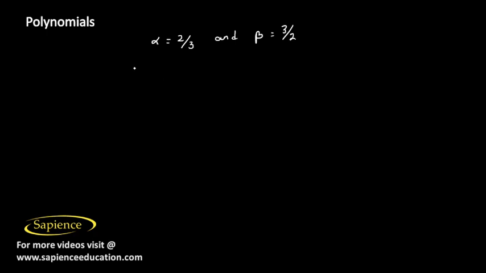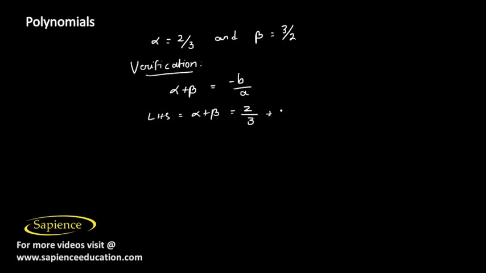So now we need to do the verification part. Sum of the zeros should be equal to minus coefficient of x by coefficient of x square. Alpha plus beta, or in our case alpha is 2 by 3 and plus beta is 3 by 2.